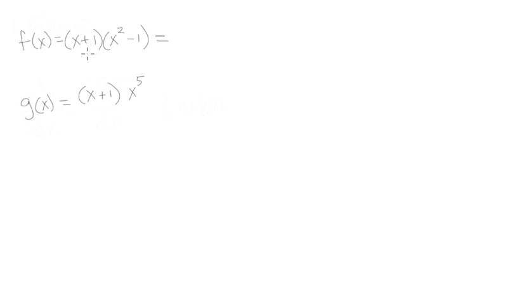So we need the derivative of the first term. Well, the derivative of x is 1 and the derivative of 1 is 0. So the derivative of the first term would be 1 times the second term unchanged, plus the first term times the derivative of the second. Now the derivative of the second, its first term's derivative will be 2x.